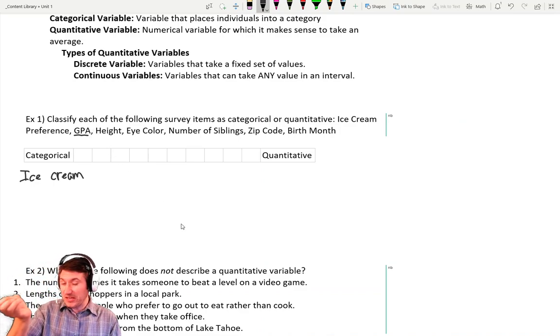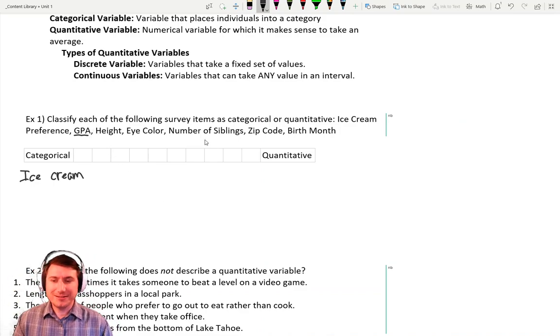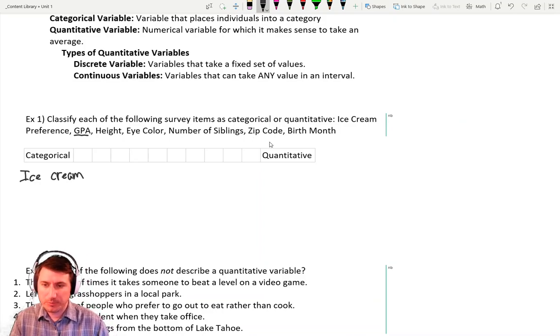Definitely a number. Does it make sense to take the average of that? If I ask the whole class, tell me what your GPA is, would it make sense to average all your answers? I think it would. I could say the average GPA of my class is blank, and that would make perfect sense. So GPA is definitely quantitative.